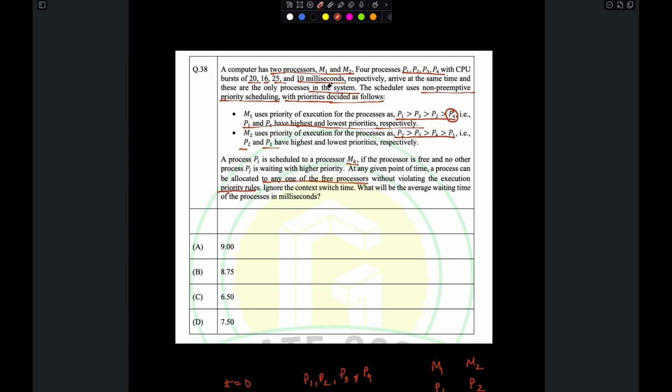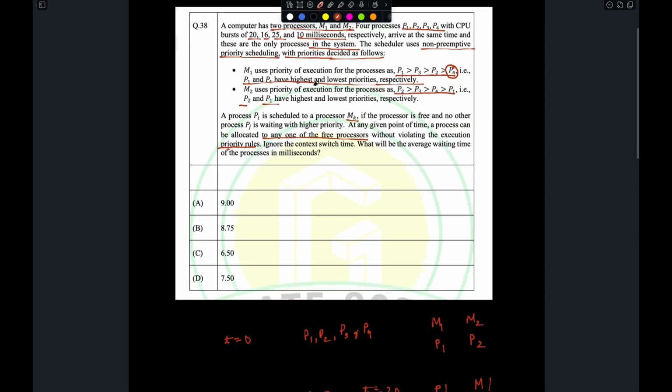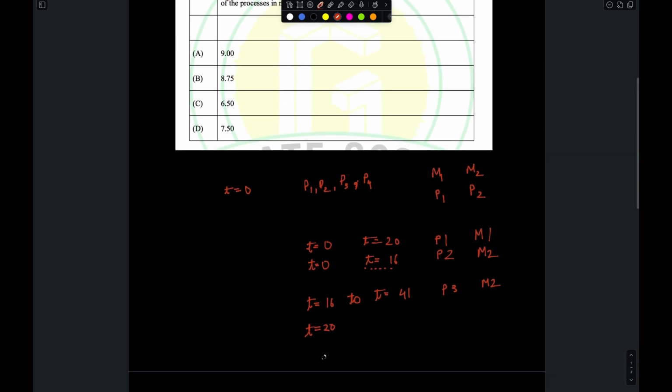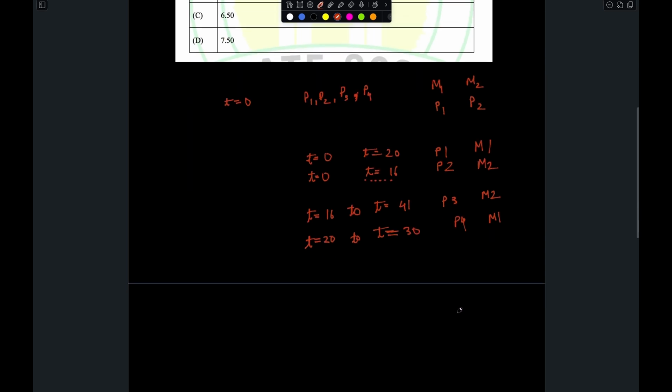But since P2 has already completed before t equals 20, we would move to the other one, that is P4. So since P4's burst is 10 milliseconds, it will start at t equals 20 and run till t equals 30 on the processor M1.